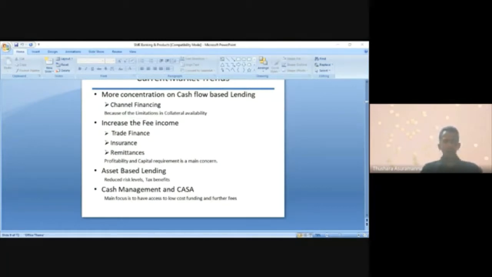That's true, but collaterals are limited. Securities are limited. Not all customers can provide collateral. So you need to have more innovative products that are not based on the collateral.